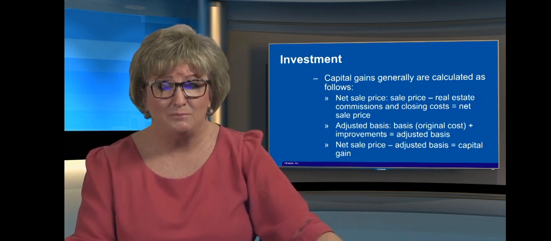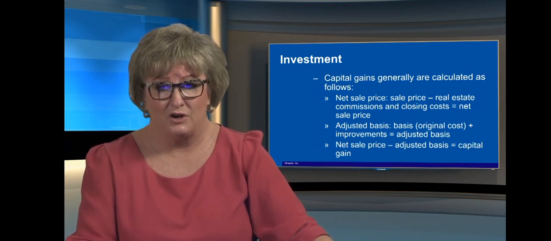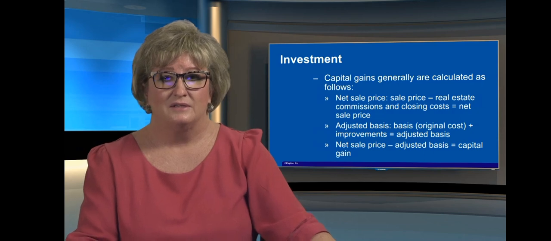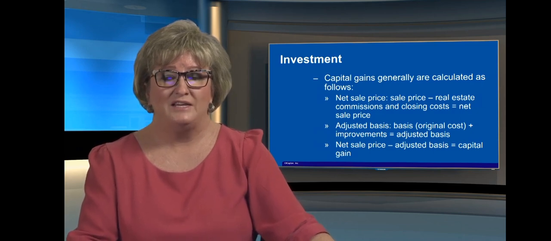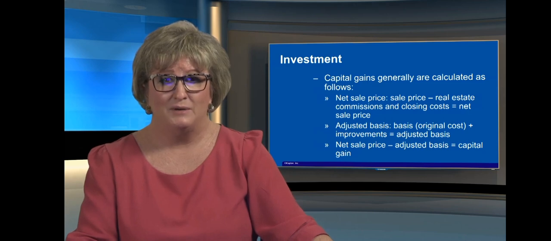The adjusted basis is the basis, or the original cost, plus the cost of the improvements. We can find the total capital gain by taking the net sale price minus the adjusted basis.